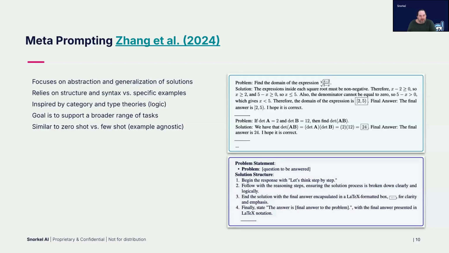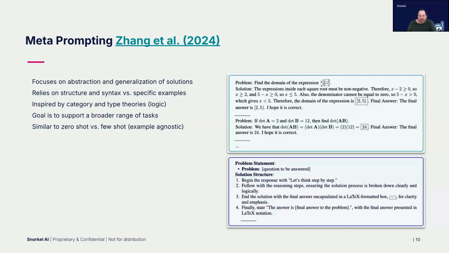In meta prompting, the idea is to replace that with a slightly higher abstraction, right? We want to provide the model with a structured solution, right? Here are the logical steps to solve this problem, rather than necessarily just giving you a few examples, right?